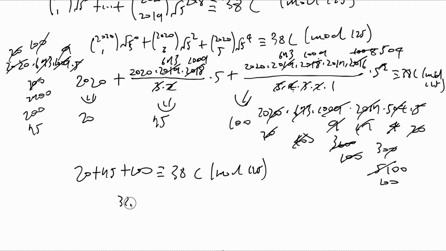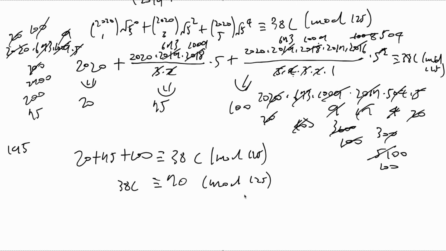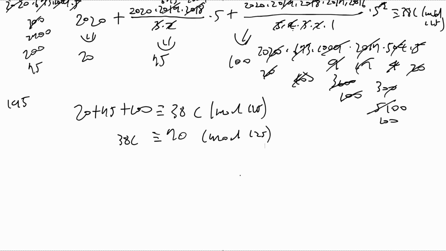In other words, 38C is congruent to 195, right? Wait, is it 195? 70 mod 25. I hope this is right.